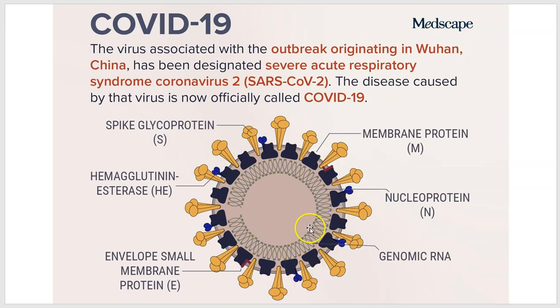And inside the virus is the genetic material for the virus. In this case, it's an RNA virus. Some viruses have DNA. This one has RNA. And later in the course, we'll learn about how DNA or RNA operate and why they're such important molecules. But these spikes on the surface of the virus are really important because these proteins can lock onto proteins on our human cells, and that's what allows the virus to gain entry into our cells.